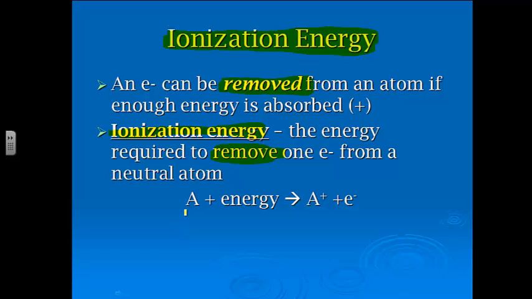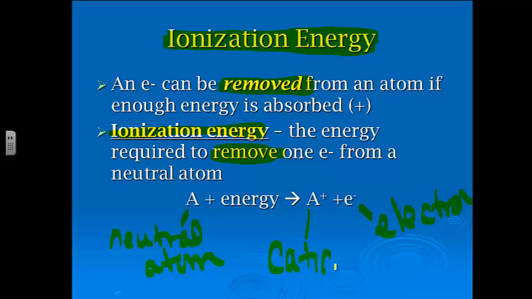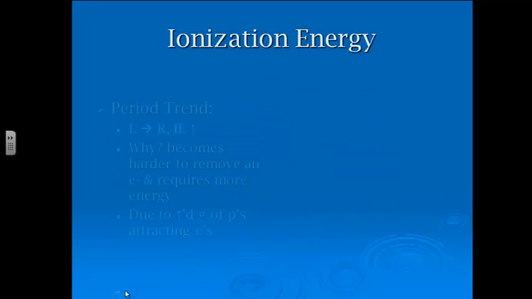And here is a general equation where A is simply a neutral atom, just a generic A for atom. If we add energy, we're going to rip off the electron and we're going to end up with a positively charged cation. Okay, we're not taking away any protons or neutrons, no nuclear changes here, but if we take off that electron, we're going to end up with a positively charged cation. So that's just a generic symbol for that.